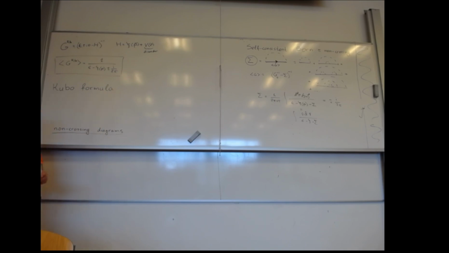Actually, it's quite a tricky topic, which I don't want to go into, how this Kubo formula is derived. It's part of quantum mechanics described in the textbooks, and it's a very general thing. I will just give you, without derivation, the Kubo formula for the diffusion propagator.